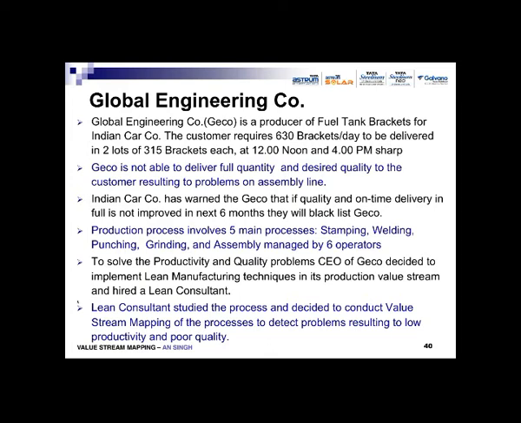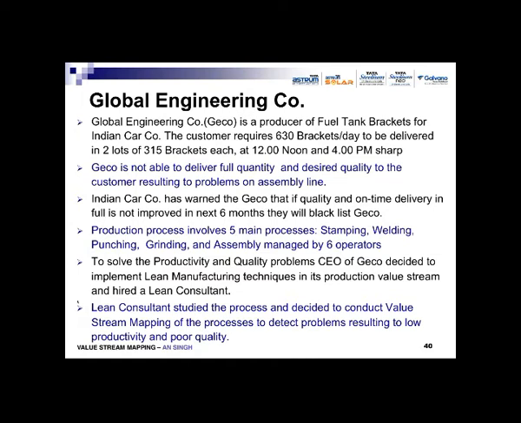The customer requires 630 brackets per day to be delivered in two lots of 315 brackets each, at 12 o'clock and 4 p.m. sharp. Here, the Global Engineering Company is not able to deliver the full quantity and desired quality to the customer, resulting in problems on the assembly line.